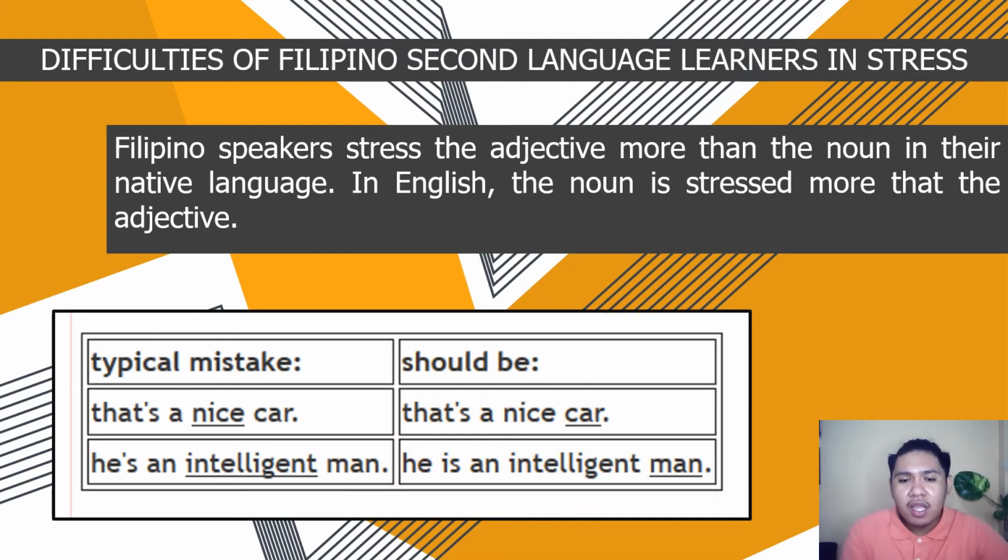Example, typical mistake. Filipinos would often say, "That's a nice car." Well, it should be spoken as, "That's a nice car." Another is, "He's an intelligent man." Well, it should be, "He's an intelligent man." So you see the difference?